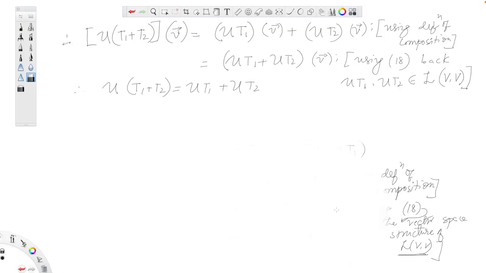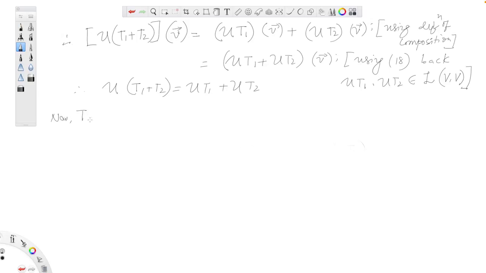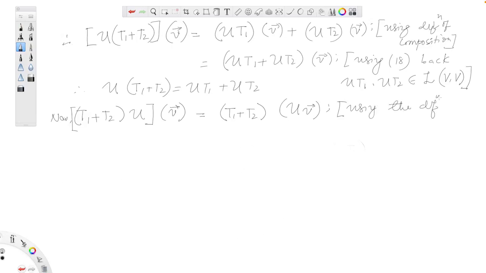Okay, now (T1 plus T2) composed with U, and this linear operator acting on the vector v gives us, by the definition of composition, (T1 plus T2) of U v.